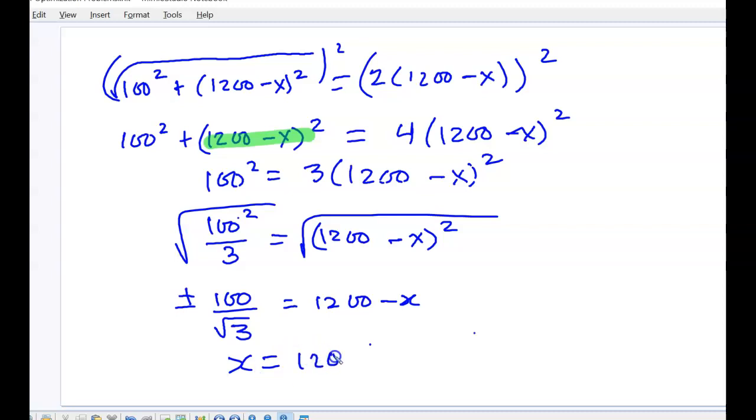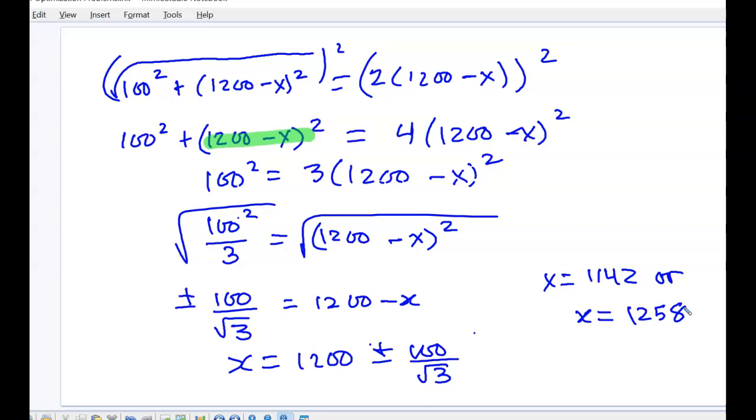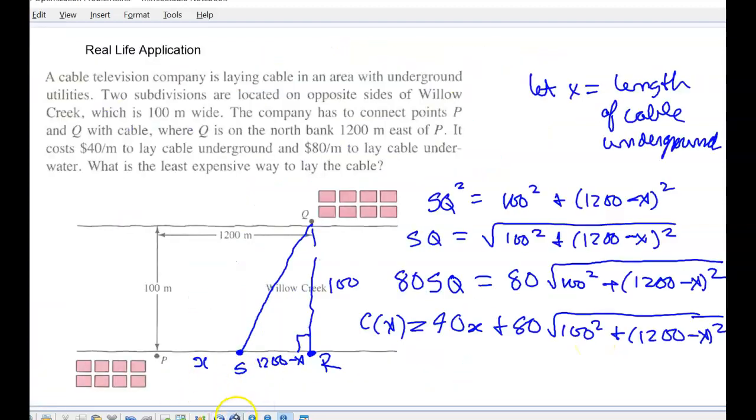So I'm going to get x equals 1200 plus or minus 100 over root 3, which, if you work out both of these answers, you're going to get x equals 1142, or x equals 1258. And again, x is equal to the distance of the underlying cable if we go back to our original diagram.